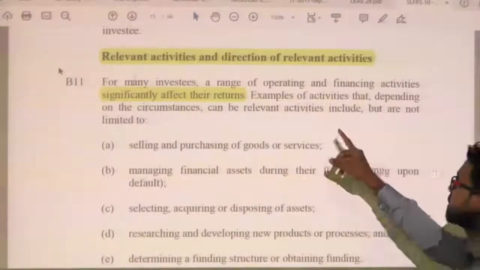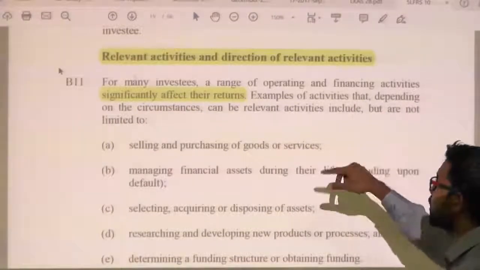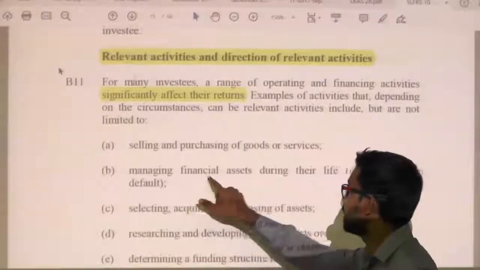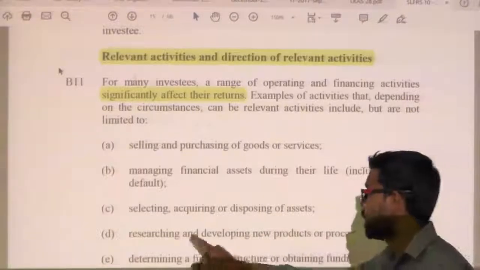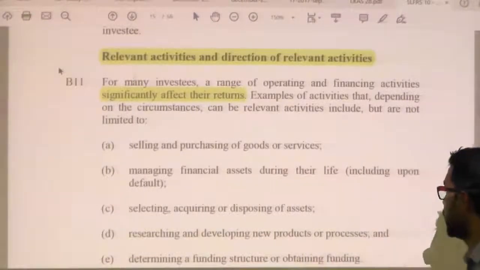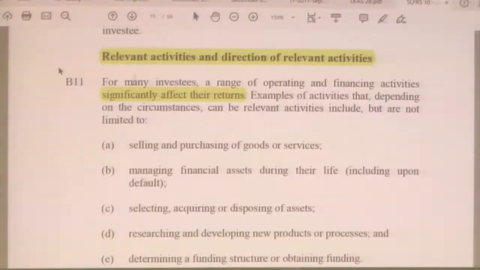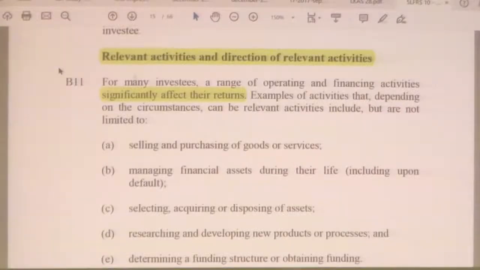Relevant activities means, for any investee, a range of operating and financial activities that significantly affect their returns. What are they? Selling and purchase of goods and services, managing financial assets during their lifetime, selecting, acquiring and disposal of assets, researching and developing new products or processes, determining the funding structure or obtaining funding. So these are the relevant activities. Relevant activities are explained in B11.